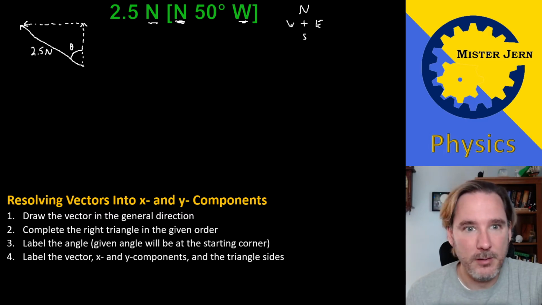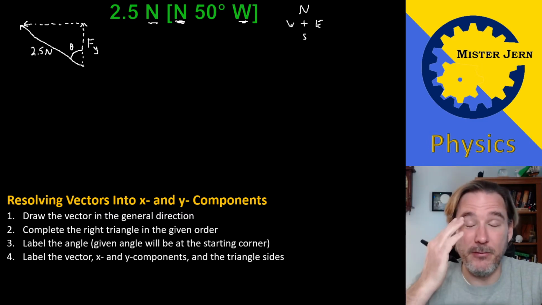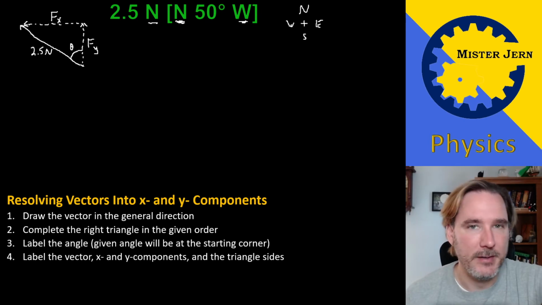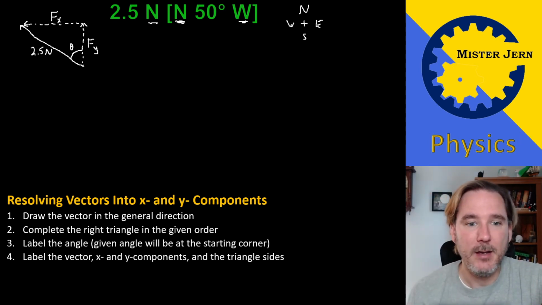The vertical component is always going to be the y component of that vector, because just like in a graph, vertical means y. So this is going to be my force in the y direction, and this will be my force in the x direction, the horizontal part. That's always going to be the case. Horizontal will always be x, vertical will always be y, just like with a graph.